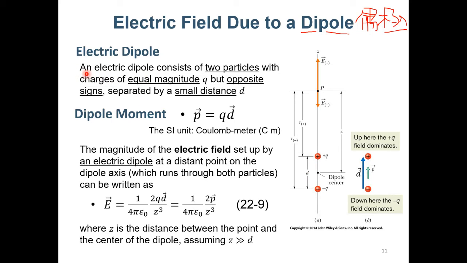So let's go through here. An electric dipole consists of two particles with a charge of equal magnitude q, but opposite sign, separated by a small distance d. So this is the definition of a dipole. I suppose you have learned chemistry in high school, so you may have learned the hydrogen bond.